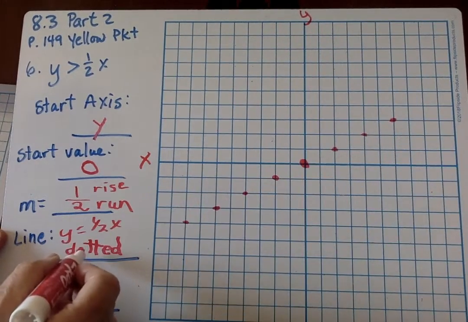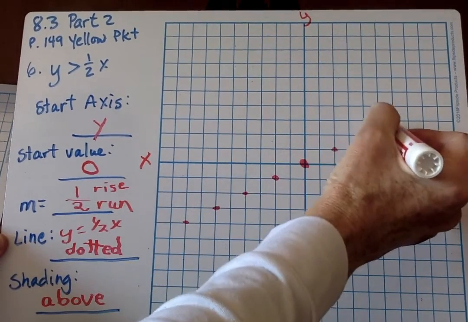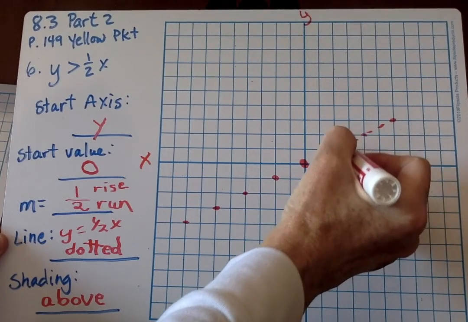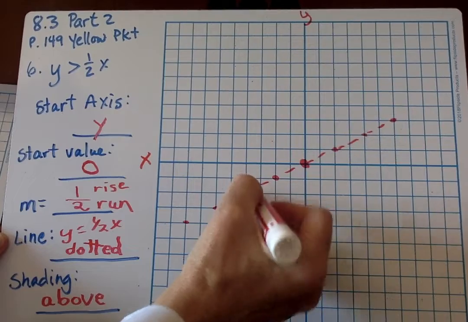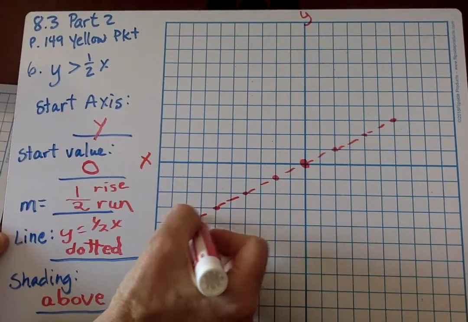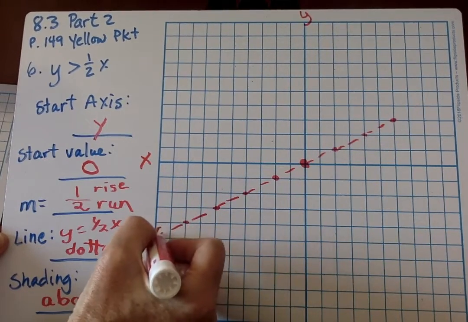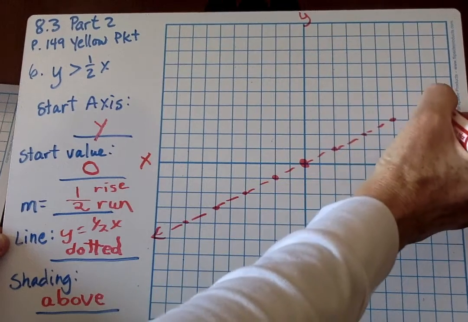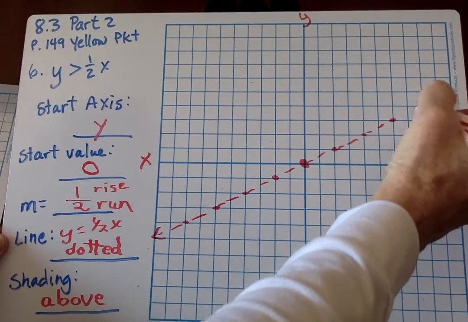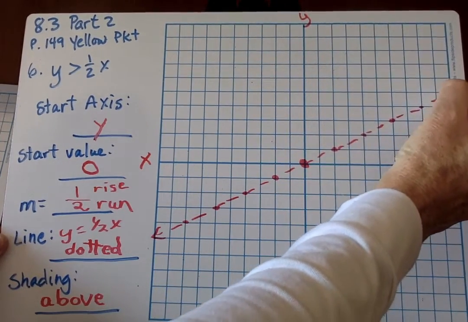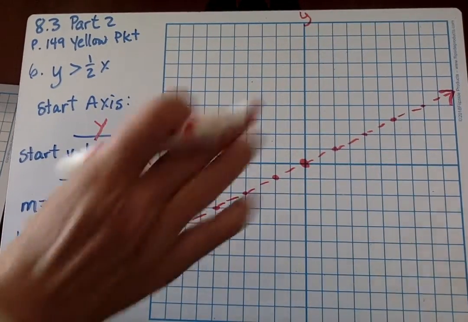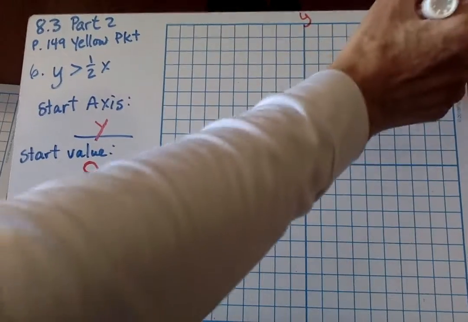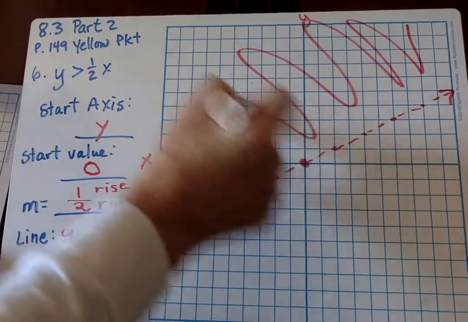Okay, it's going to be a dotted line. Make sure you put arrows at the ends. And we're shading above. So here's where the ladder would fall down. So think of it as the roof. So we shade all of that.